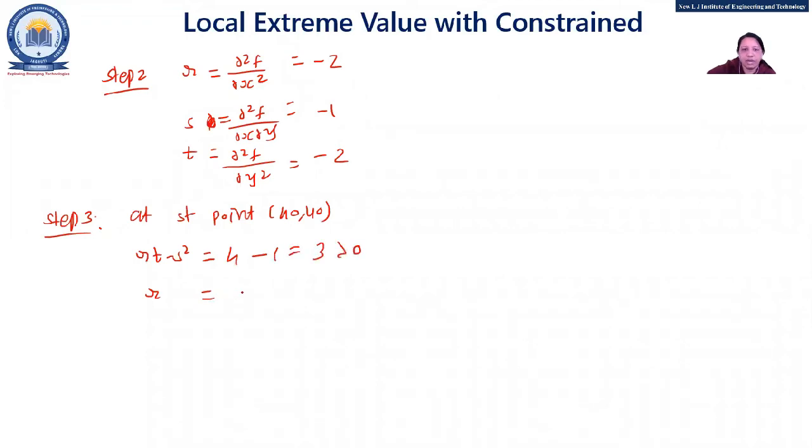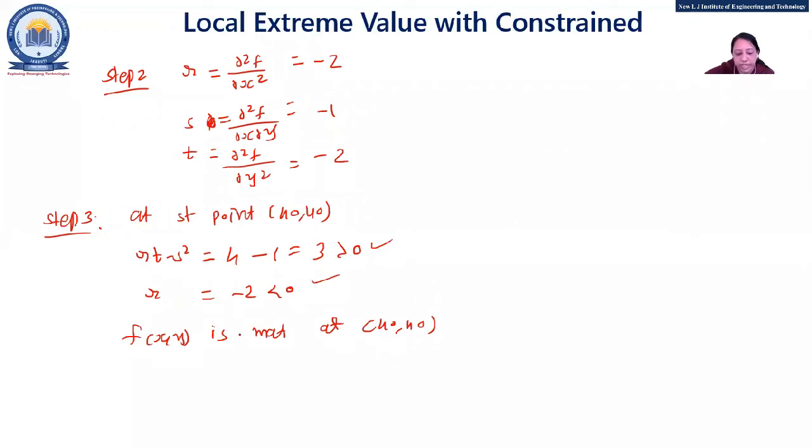And R is minus 2, which is less than 0. So we can say your function is maximum at stationary point 40, 40. Any doubt into that? Yeah, maximum, correct one. So we can write what?